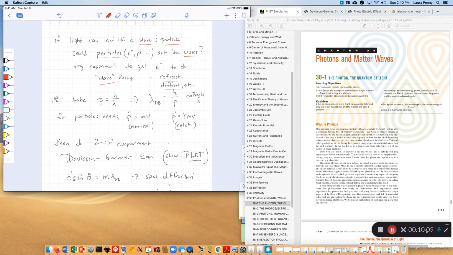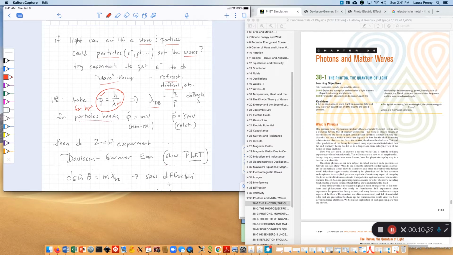If you're going to sit there and try to get a particle to act like a wave, first you have to figure out what you're going to think the wavelength is going to be. And since this was the relationship between momentum and wavelength for light, deBroglie said, well, let's say that the wavelength of a particle would be h, Planck's constant, divided by its momentum.